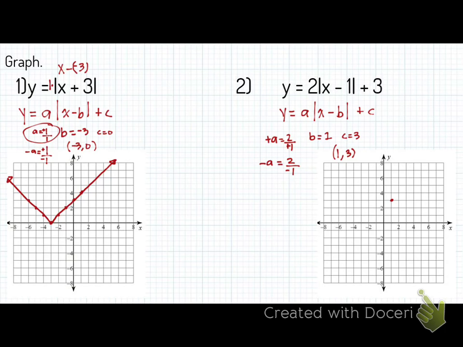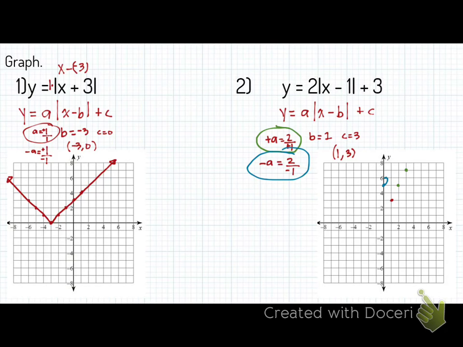Okay. From my vertex, doing positive A now. I'll use green to represent that. Up 2 over positive 1. There should be a point here. Up 2 over positive 1. Okay? I'll use a different color, I'll use blue for the negative A. Okay? I'm going to go up 2 over negative 1.